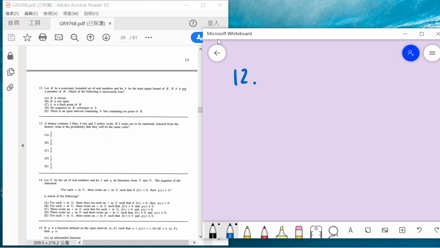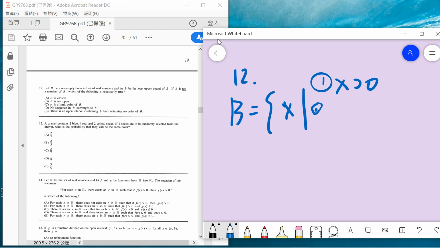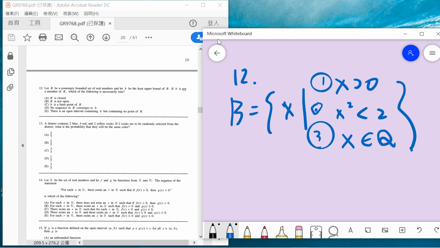So what I like to use is I can let S be the set of x where x is larger than 0, second x squared is smaller than 2, and third x belongs to the rationals. This is a usual set I like to take.